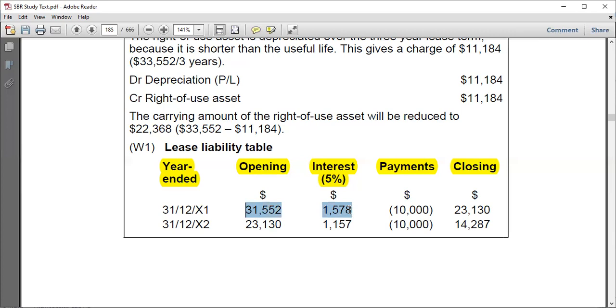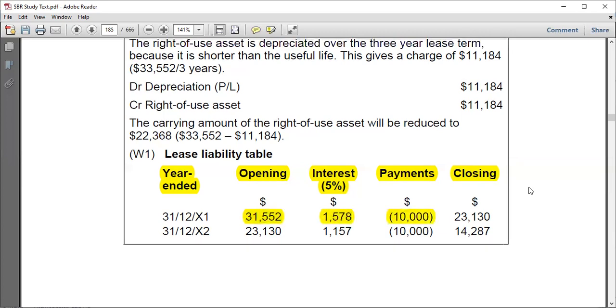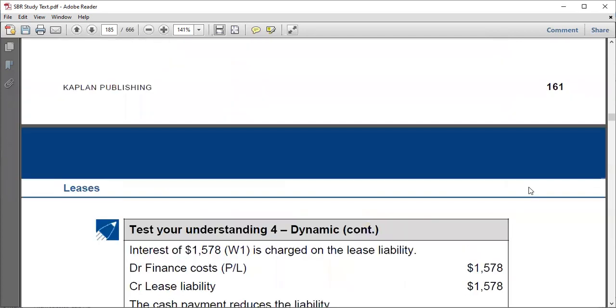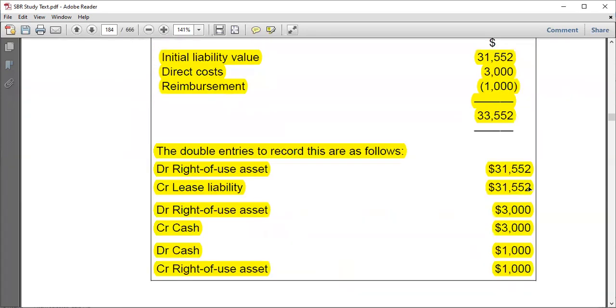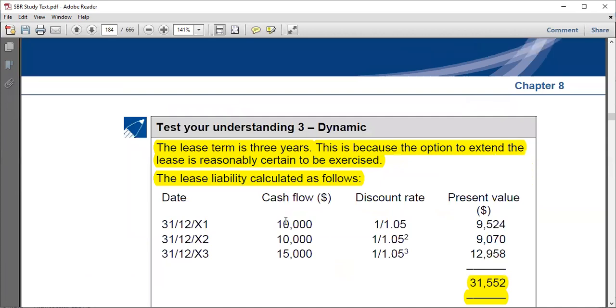Then as for payments, the payments were already stated. At the end of year one, 10,000, end of year two, 10,000, and end of year three, 15,000. That was already stated. So this is what we would have here. And actually, it's what you always find here. Even when we are determining this liability figure, we mentioned 10,000, 10,000, and 15,000.